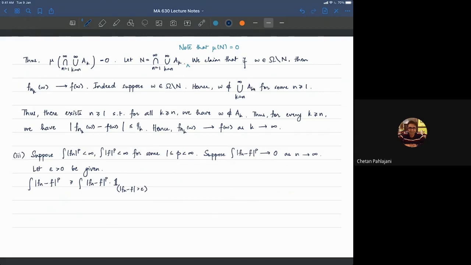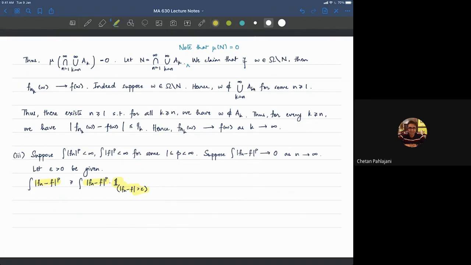Do you agree with this? So the thing I'm highlighting in green and the thing I'm highlighting in yellow are both non-negative functions. The thing that is there in yellow is there on both sides. But on the right side, there's also an indicator function.